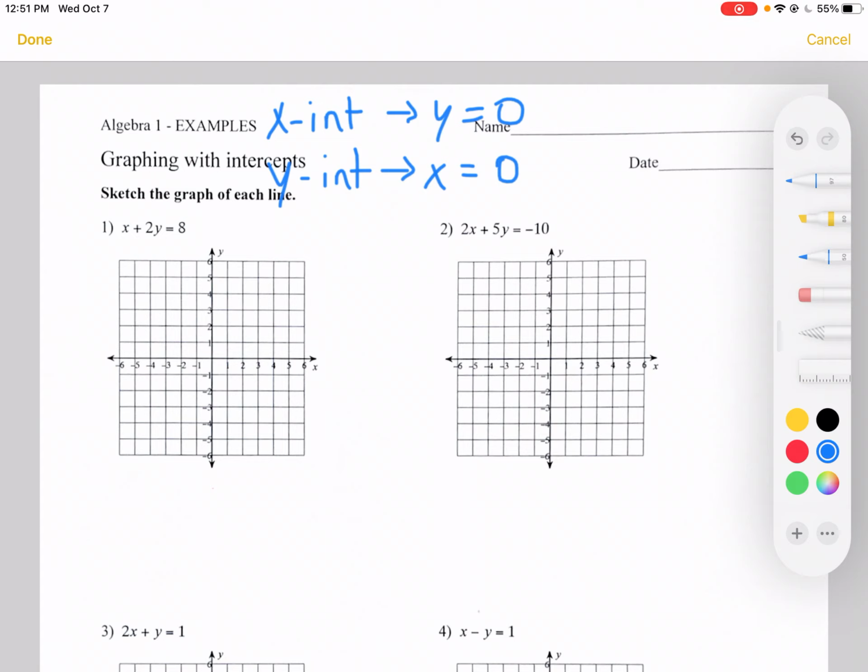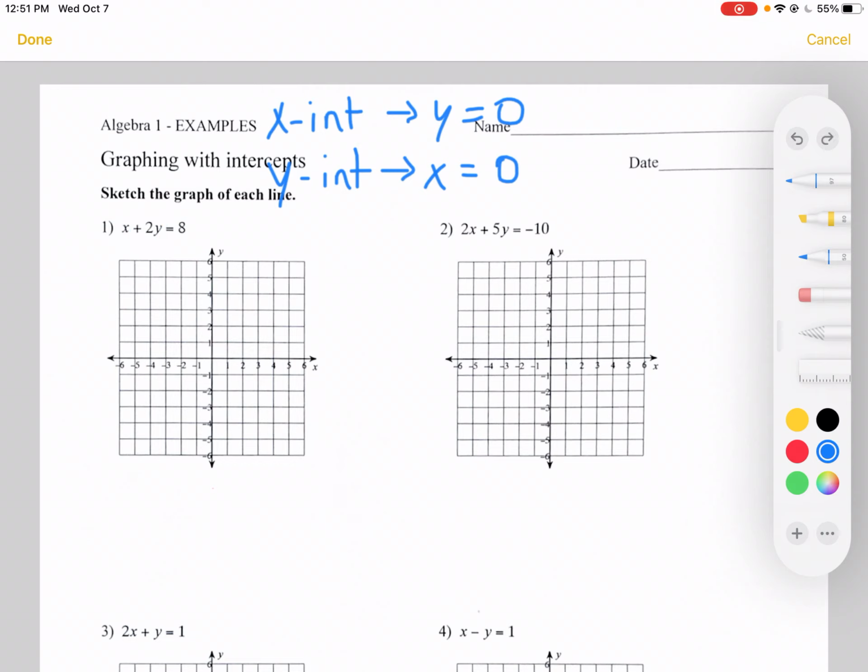So look at this first one. This first one's not a very good example, and I'll show you why in a second. If I'm trying to find the x-intercept, I need to plug 0 in for y. So if I look here at 2y, what's that going to become? 2 times 0, which is just 0.